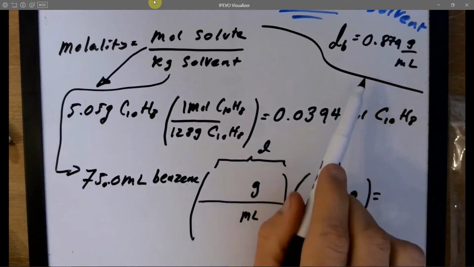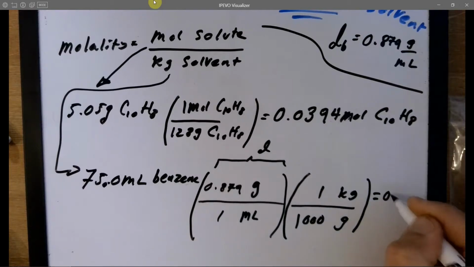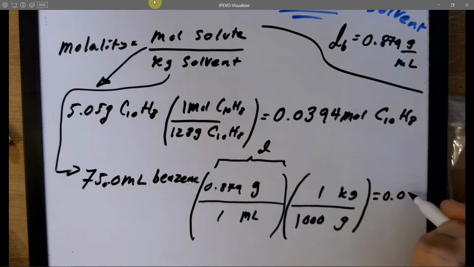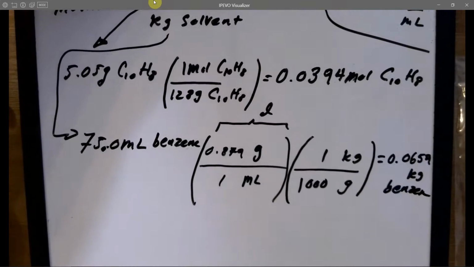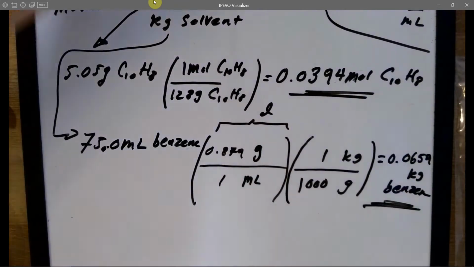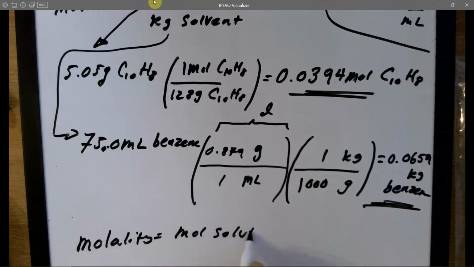So using the density here, the 879 goes with the grams, and it's 1 milliliter. And when you punch it all in, you should get 0.0659 kilograms of benzene. Okay. Lastly now, I have my moles of solute, I have my kilograms of solvent, and I can calculate molality. Again, it's the mole of solute divided by the kilogram of solvent.